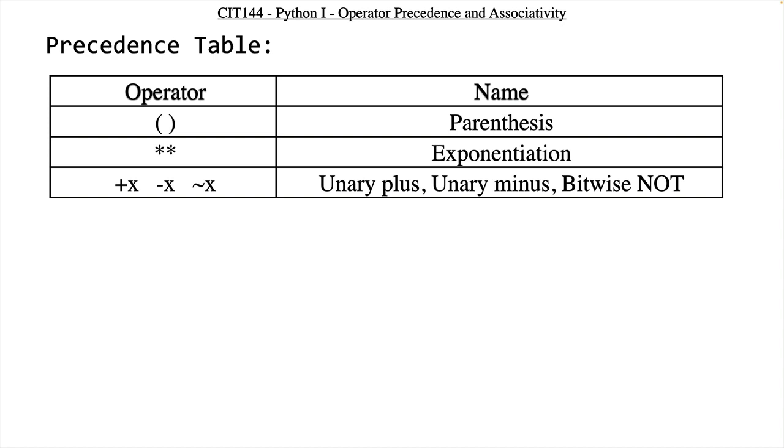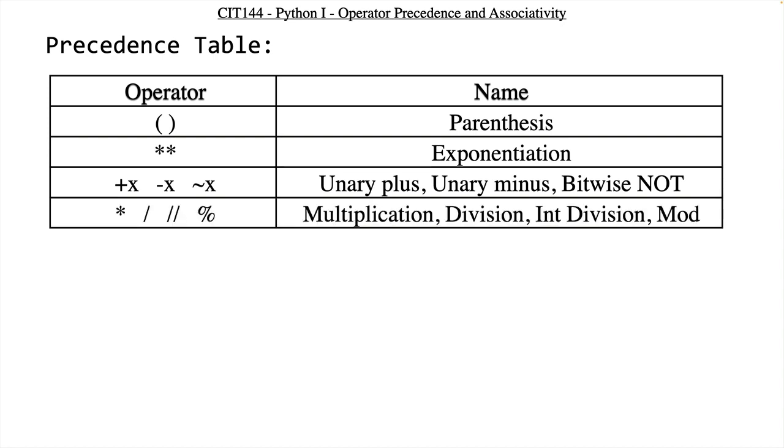The unary minus is if you want to represent a negative number. If you said x plus minus 3, for example, that would be an example of unary minus. And bitwise not is taking a value that is a series of bits, and you go through a bit at a time and flip that bit. If it's a 0, it becomes a 1. If it's a 1, it becomes a 0.